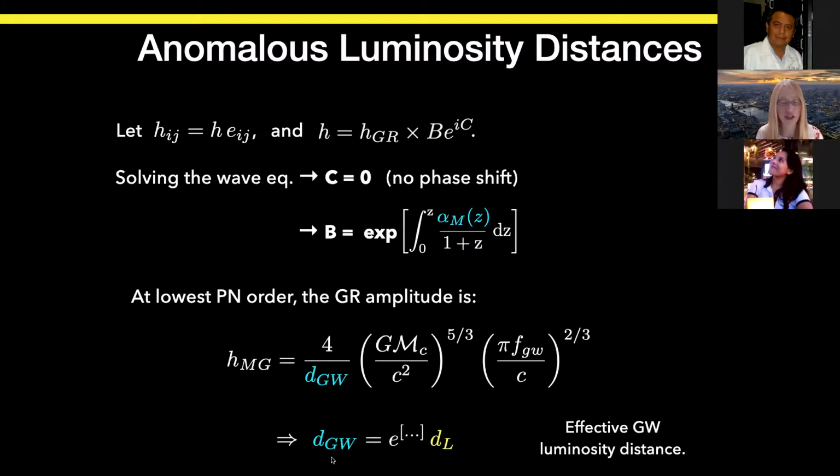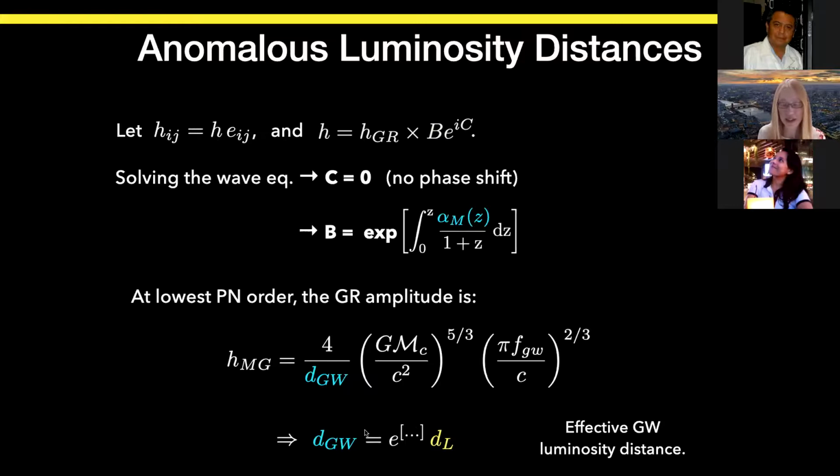Now we have this new effective luminosity distance that is its original value, the standard luminosity distance, the one you would get from photons, but now it's been modified by this new factor that depends on our modified gravity parameters.